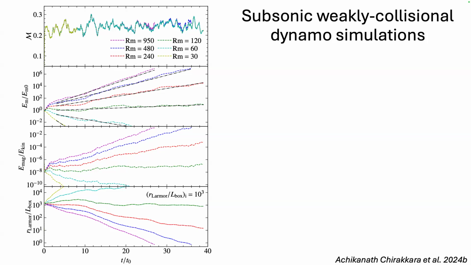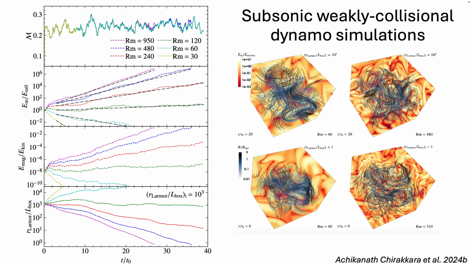What happens when you keep decreasing the Rm, or increasing the magnetic diffusivity, is that you start killing more and more magnetic fields, to a point where eventually all of this magnetic energy is just dissipated. There's no turbulent dynamo anymore. And the point where this magnetic energy amplification stops, or the Rm is just so low that this dynamo is not feasible anymore, is called the critical Rm for this problem. So that seems to be around 100 from this plot.